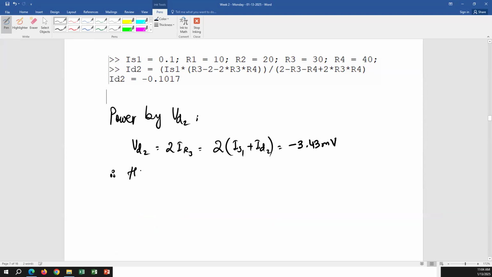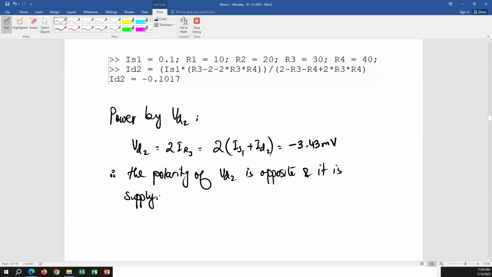Therefore, the polarity of VD2 is opposite, and it is supplying power since ID2 is coming out of the positive side of the supply.